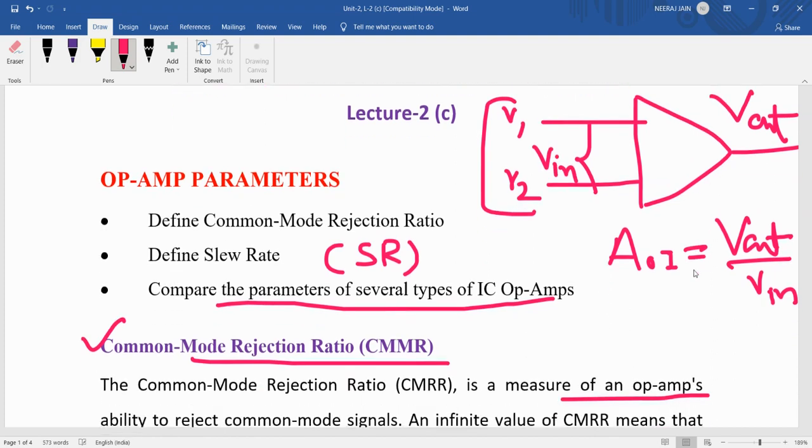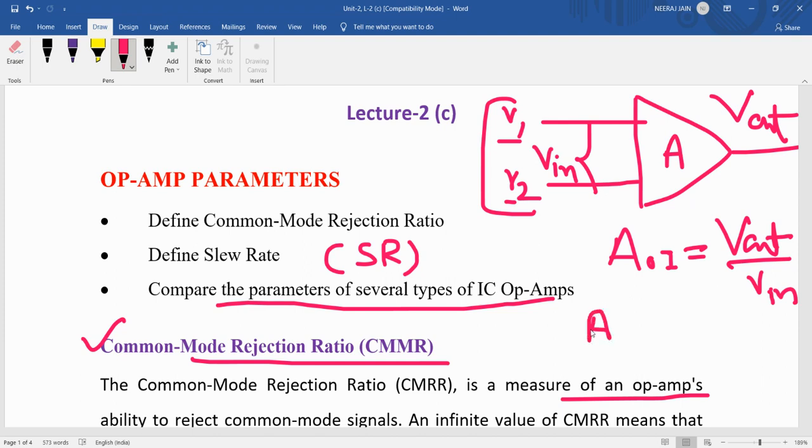Now what we will do, we will zero both V1 and V2. Either we make the values of both the same, then Vin will be zero. In that case, definitely if there is a gain, then Vout should also be zero, but it has some value.